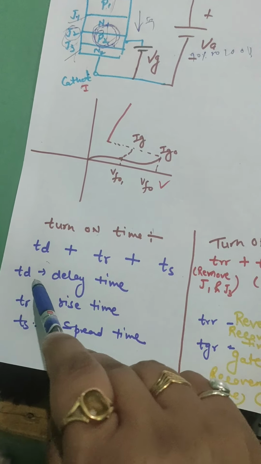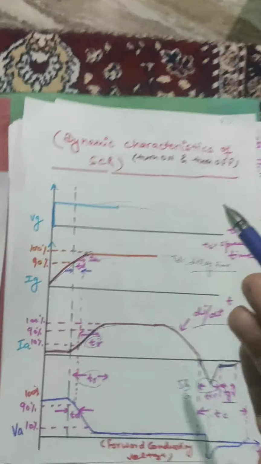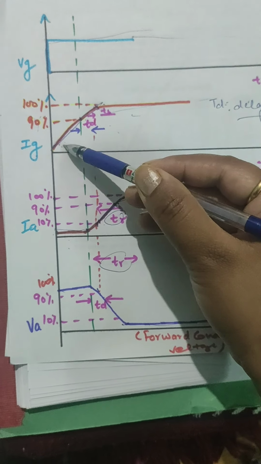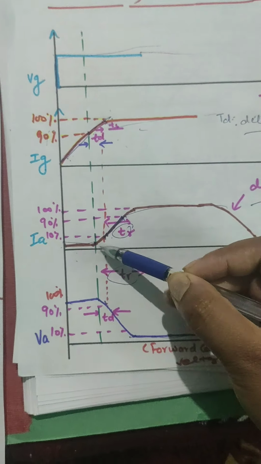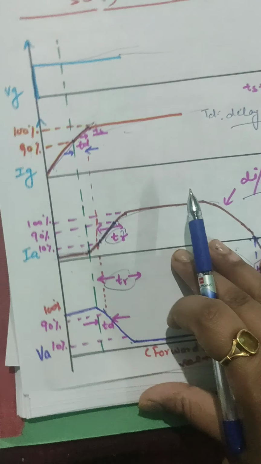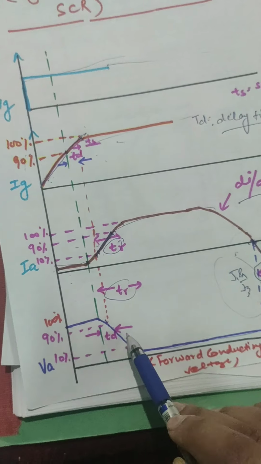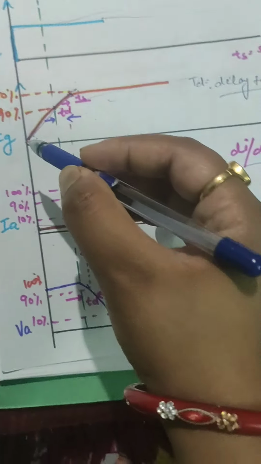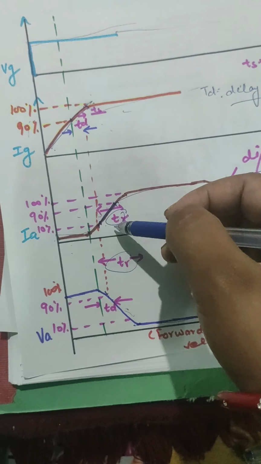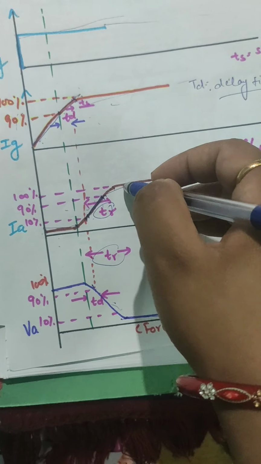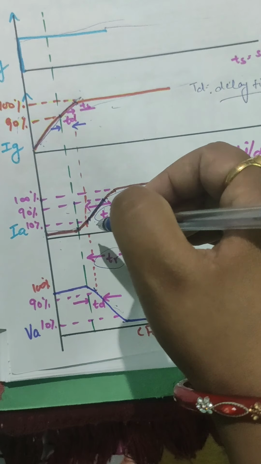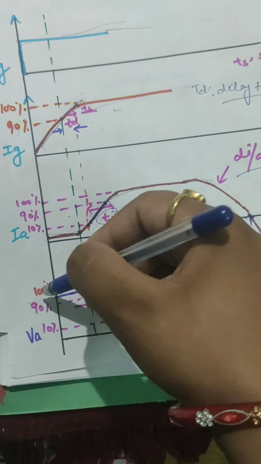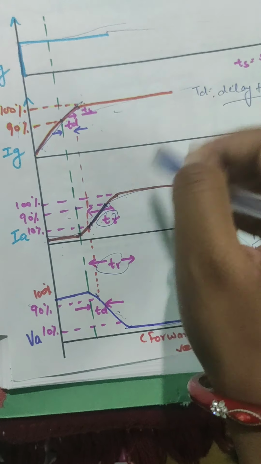TD is delay time: the gate current increases from 90 to 100%, the anode current reaches from leakage to 10%, and the anode voltage falls from 100 to 90%. Rise time is when IA increases from 10 to 90%, and the anode voltage falls from 90 to 10%.